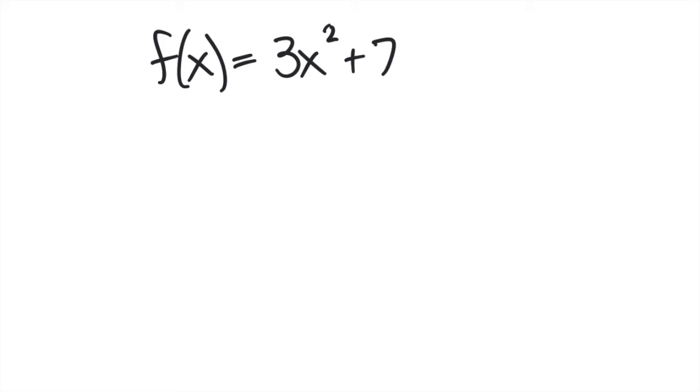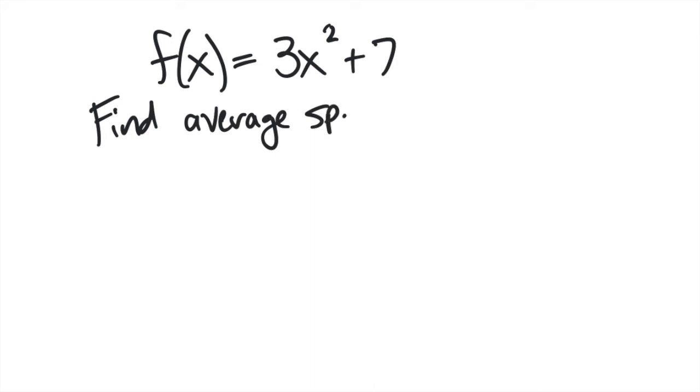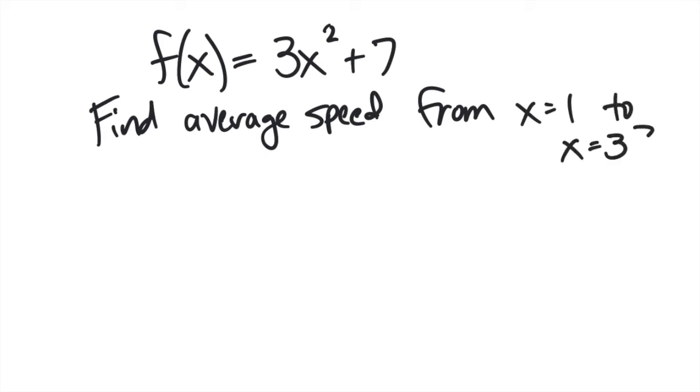What I want to know is, can we find the average rate of change, which we've already done a number of times. You should be able to do this, no problem. So find the average speed from x equals 1 to x equals 3.